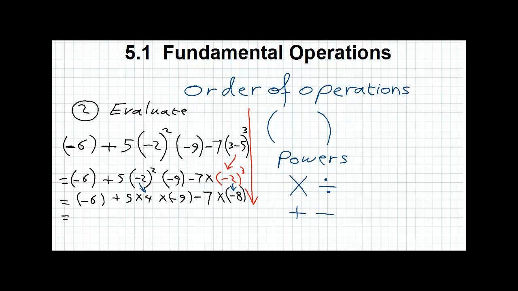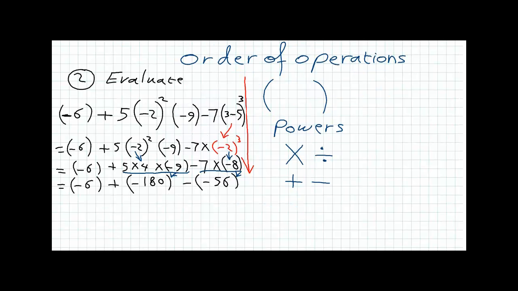Next step is to do the operations, but the priority here is for multiplication before addition. So it will be -6 plus 5 times 4 times -9, which is -180, minus 7 times -8, which is -56. Now, finally, we will do addition and subtraction from left to right.